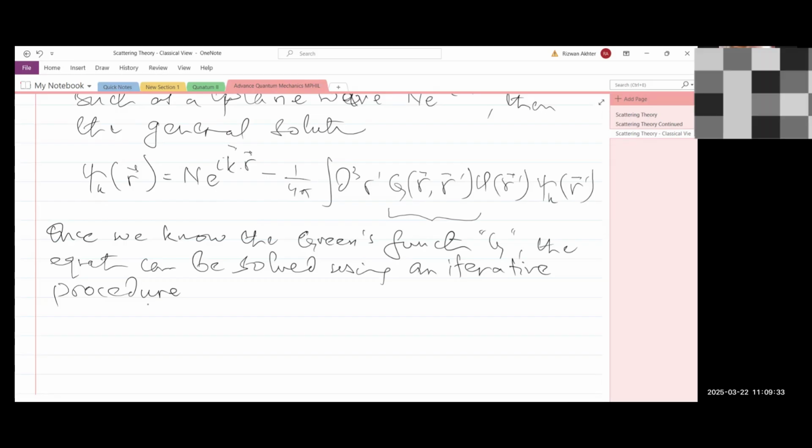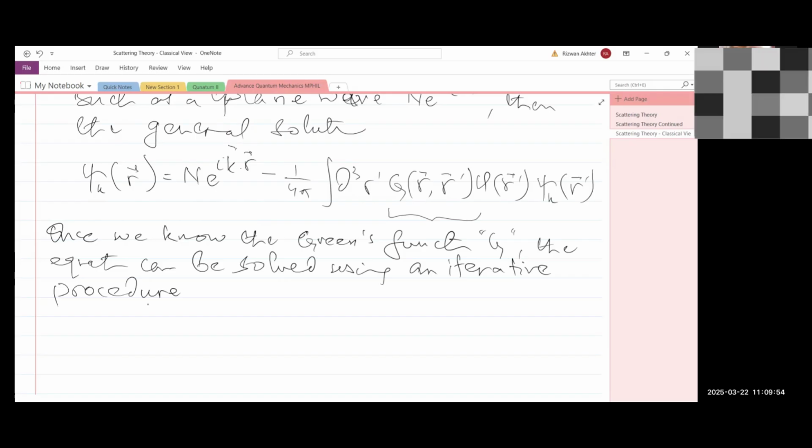So what are iterative procedures? These are some numerical procedures in which you iterate in some manner, such that the solution we obtain is successively checked for some value until we have consistency of the solution.